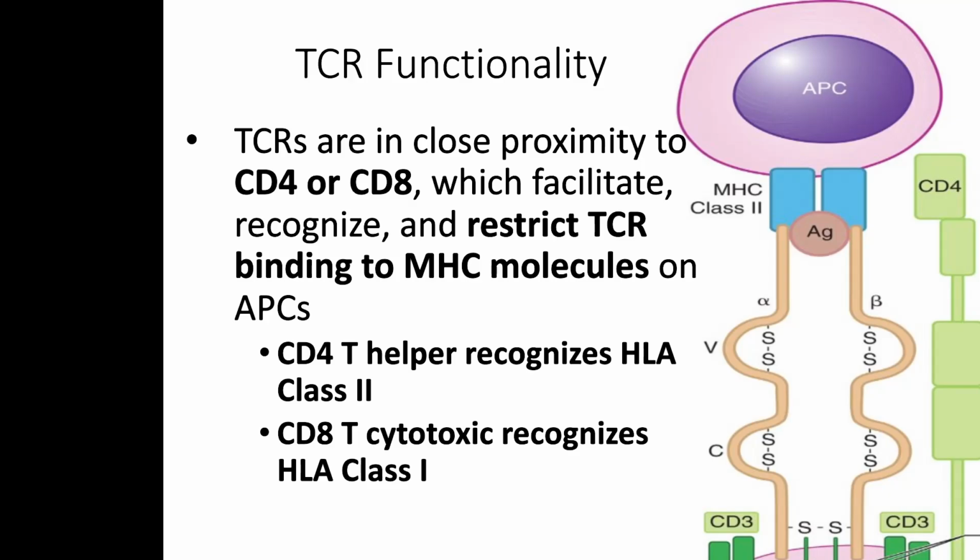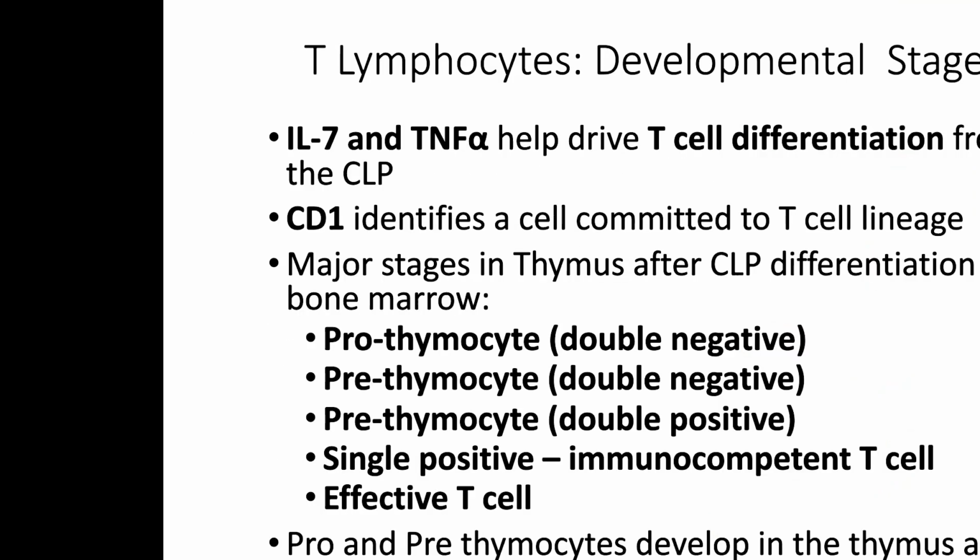CD4 T helper cells will recognize HLA class 2, and CD8 cells will recognize HLA class 1. By the way, when you see the terminology MHC molecules, that also means HLA for all intents and purposes. Technically they're different, but for most lab techs it's basically the same.